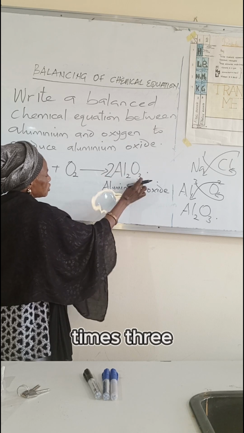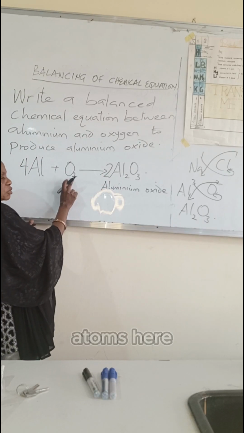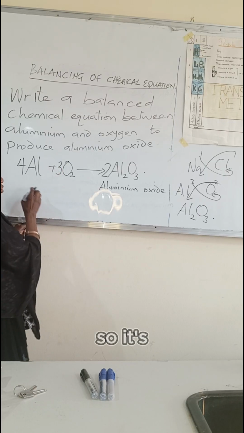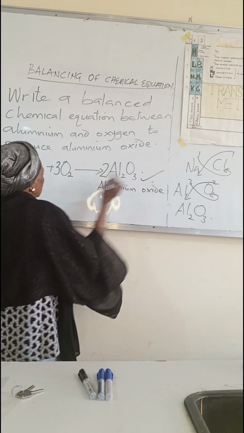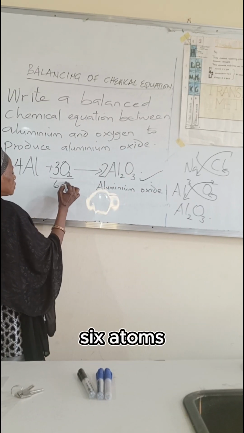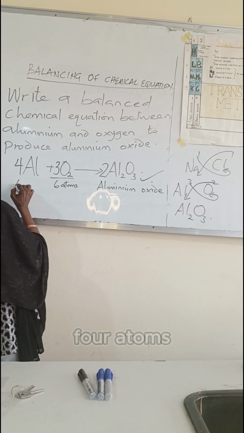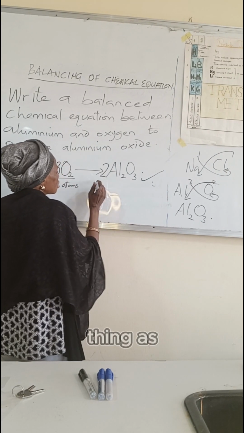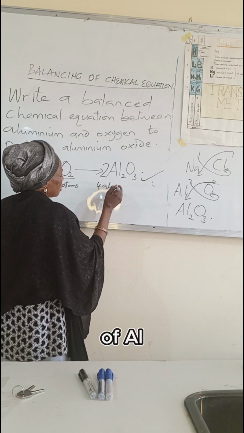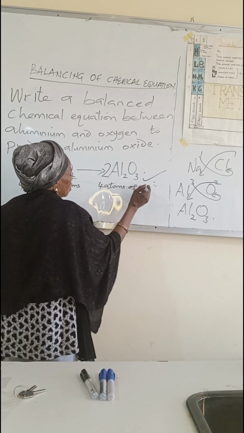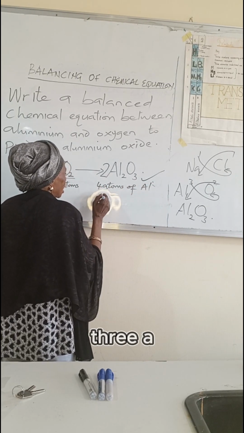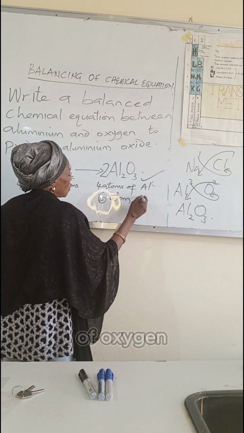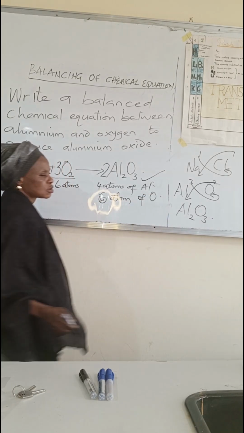So we have 2 times 3 making 6 atoms. So it's balanced: 4 atoms of Al and 6 atoms of oxygen. So it's balanced.